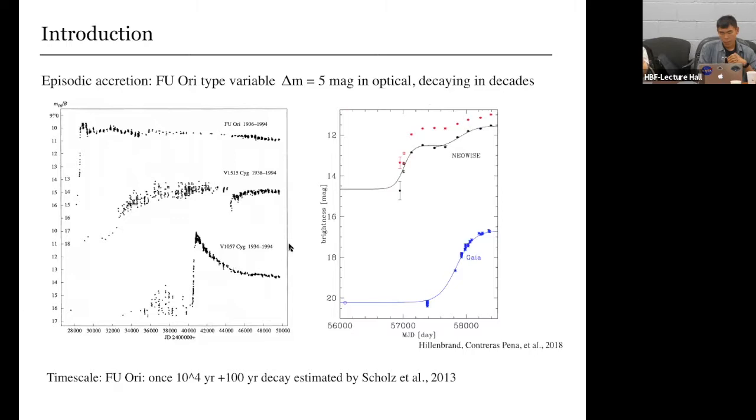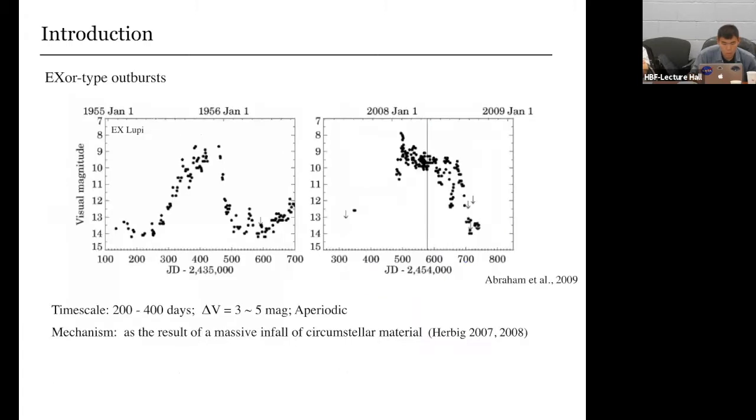Recently, by applying more whole sky surveys, we can discover more and more of those objects. For example, last year, Lynne Hillenbrand and Carlos found an object from Gaia data that also fits this 5 magnitude rising. Another type of star is called EX Lupi star.